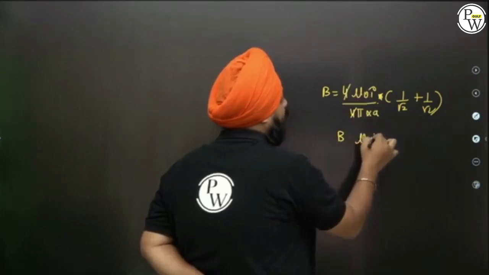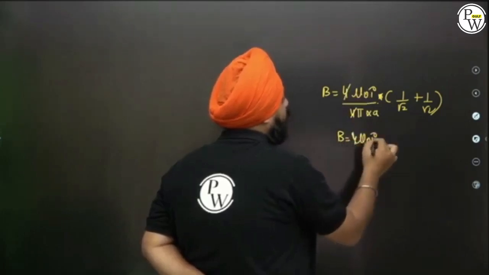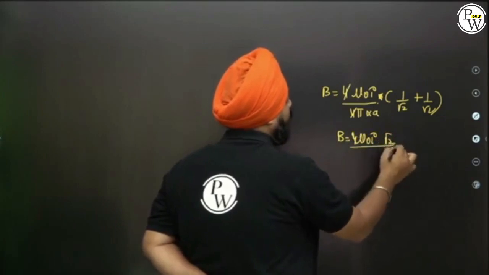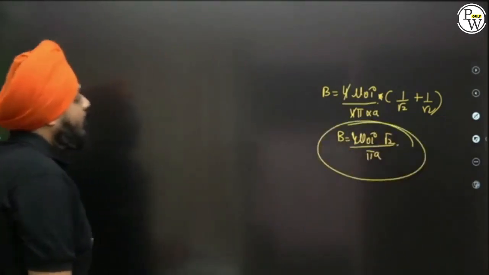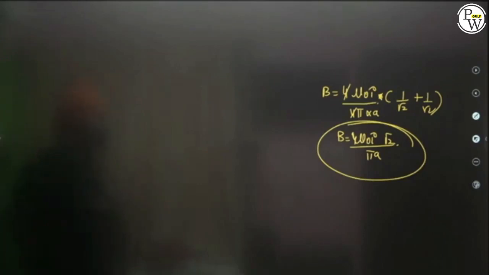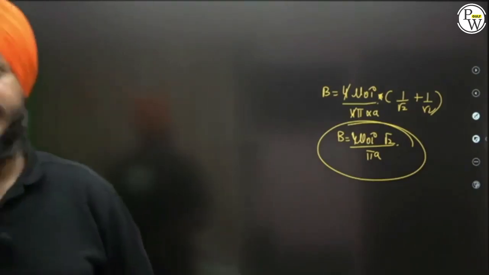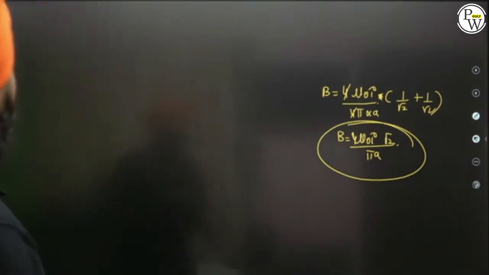So mu 0 I, again it is going to be 4 into root 2 pi of A. To root 2, that is 2 by root 2. So 4 mu 0 I, divided by 2 root 2.